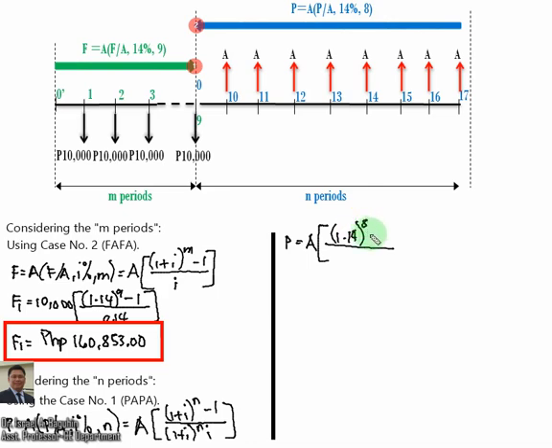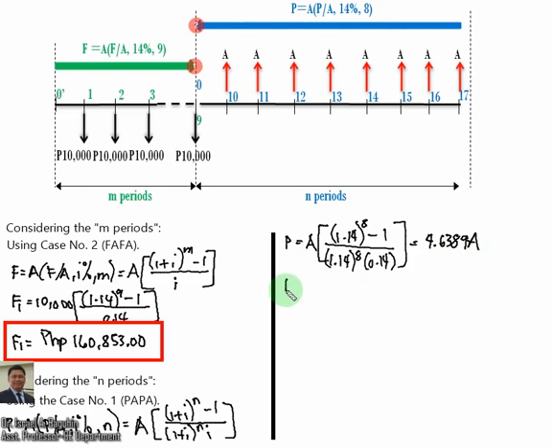So 8 minus 1 all over this 1.14 raised now to the 8, and then we have now this i of 0.14, okay. So calculating, we actually have now this equal to 4.6389 of your annuity.